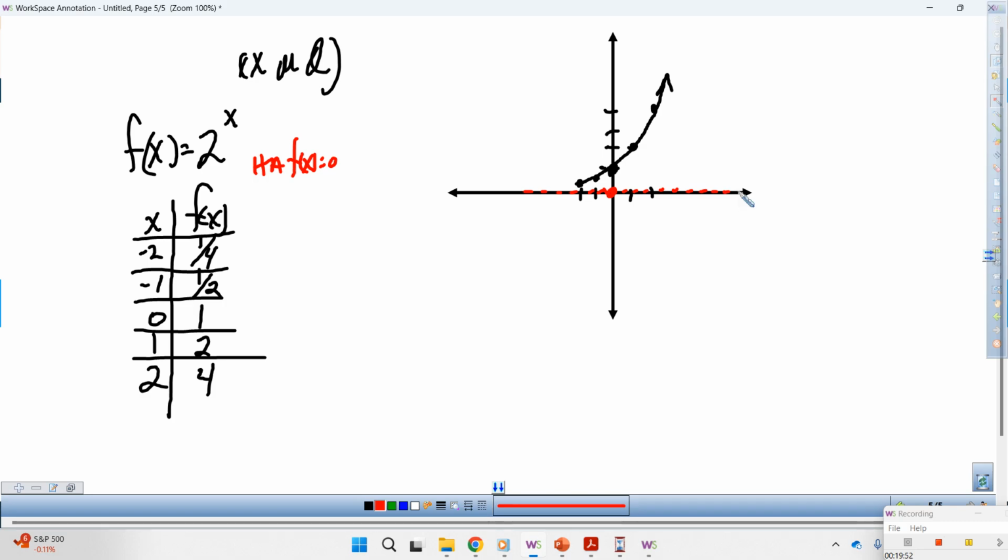So, check this out. In blue, I want you to move these 5 points. Let's move them 4 steps to the right and 3 steps down.